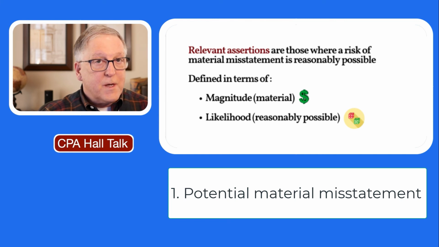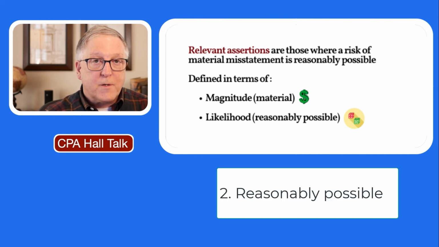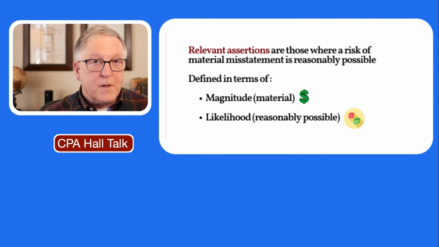In other words, could there be a misstatement that is greater than materiality? And then ask yourself, is it reasonably possible that a material misstatement could occur for that particular assertion? If the answer is yes, then it's in play and we would need to assess that assertion.